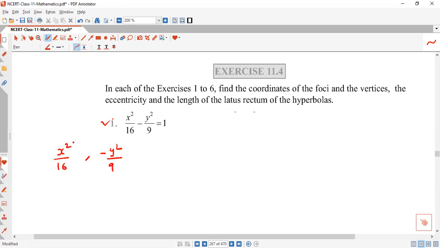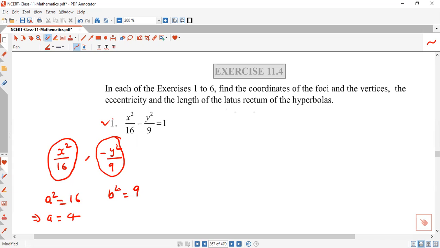Since this term is positive, a square will be 16, or you can say a will be 4. Similarly, this term is negative, so b square will be 9, and we can say b equals 3.